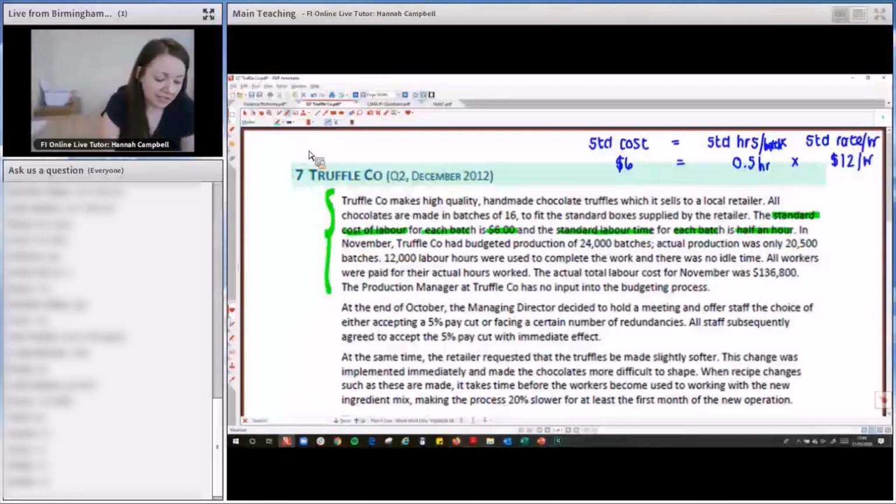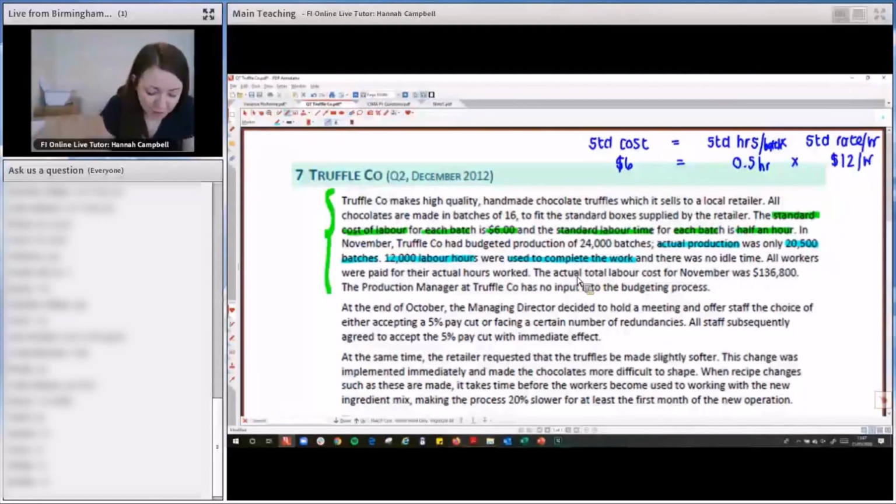So if you're using the highlighting method, you can now highlight all this information in a different colour. So actual production was 20,500 batches. 12,000 labour hours were used to complete the work, and there was no idle time, which means the hours that we worked were the hours that were paid.